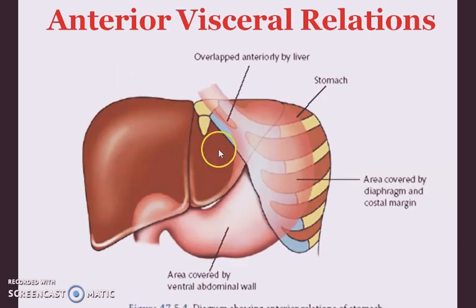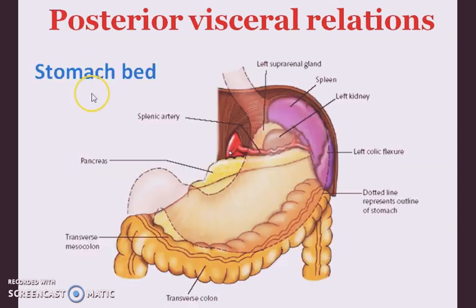Anteriorly, the stomach is related to the left lobe of the liver, diaphragm, and more anteriorly to the ventral abdominal wall. Posterior visceral relations form the stomach bed. Posteriorly, the stomach is covered by the peritoneum of the lesser sac and forms a shallow fossa on which various organs rest, which form the stomach bed.